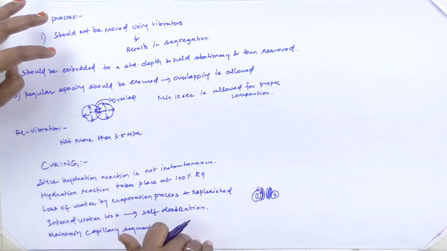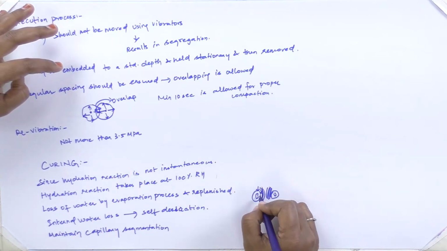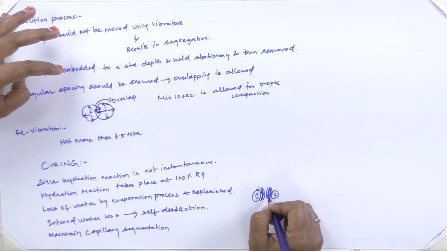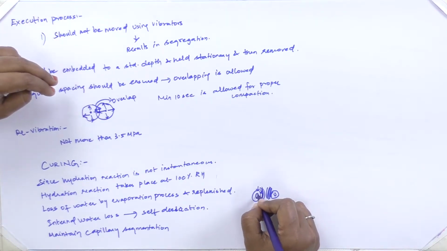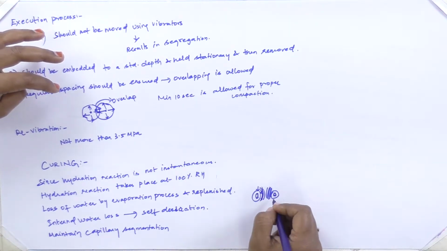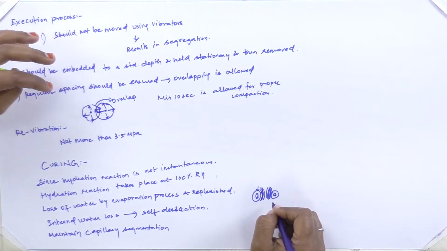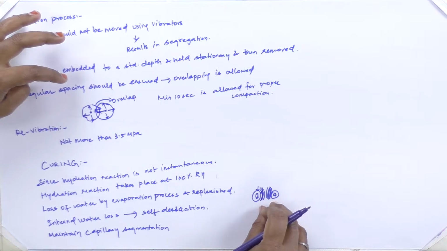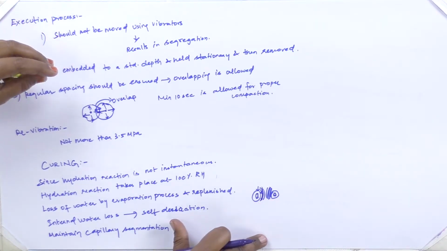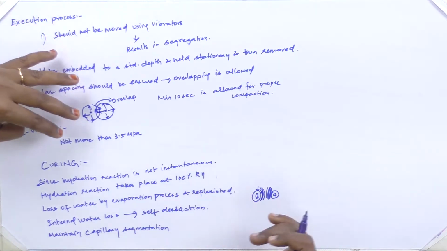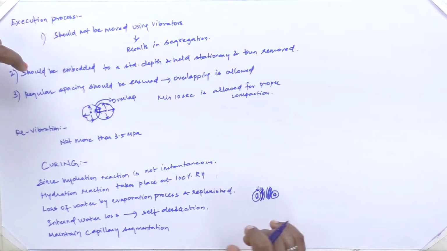So capillary segmentation, if all the products are being hydrated, then these two pores will not be able to touch each other. That is, there should not be any interconnected pores in the concrete system.